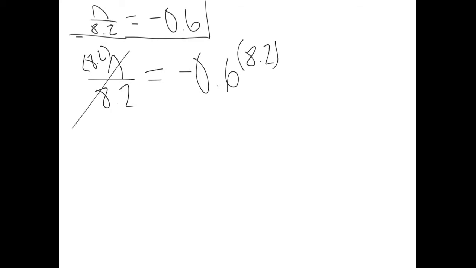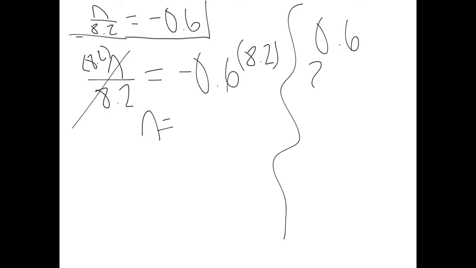So that cross cancels that out. So it'll be n equals whatever 0.6 and 8.2 get. So let's show our work right here. 0.6 times 8.2. 6 times 2 is 12. Add the 1. 2 times 0 is 0.